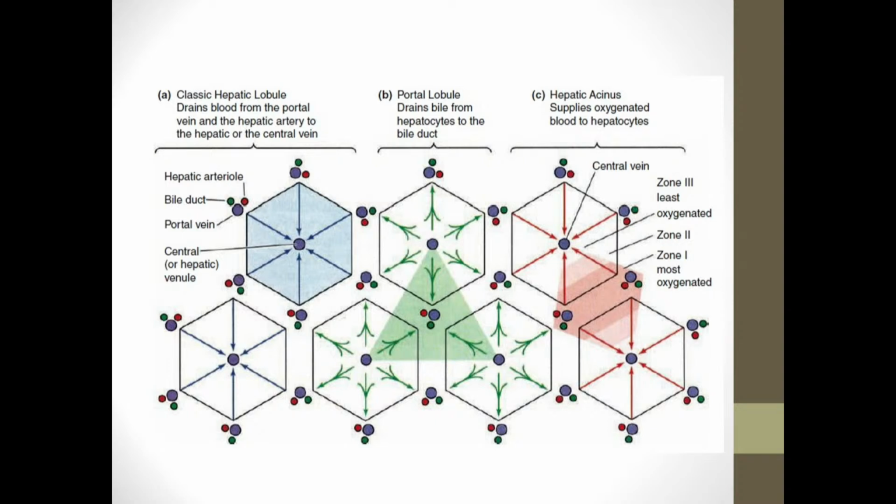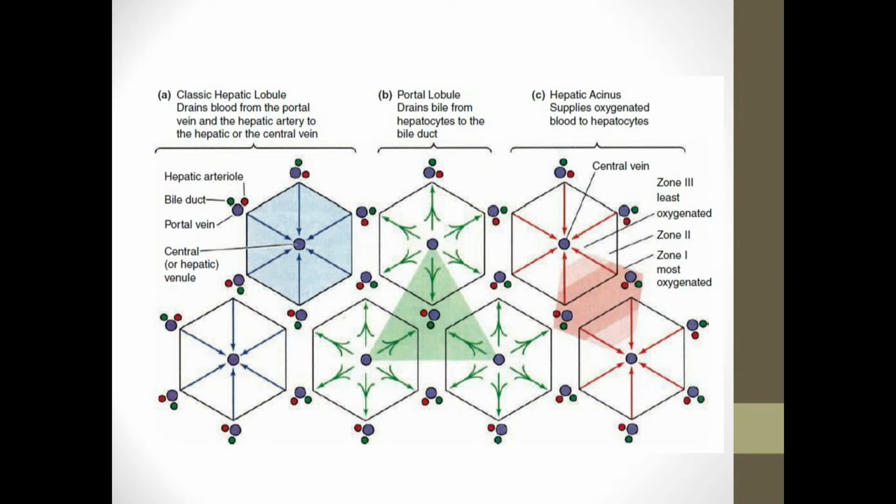So the hepatocytes which are located near the central vein receive poorer blood. They are the third zone hepatocytes, and their function is more detoxification than synthesis.